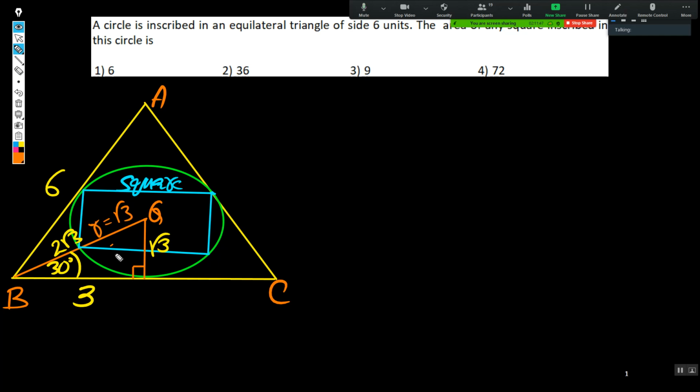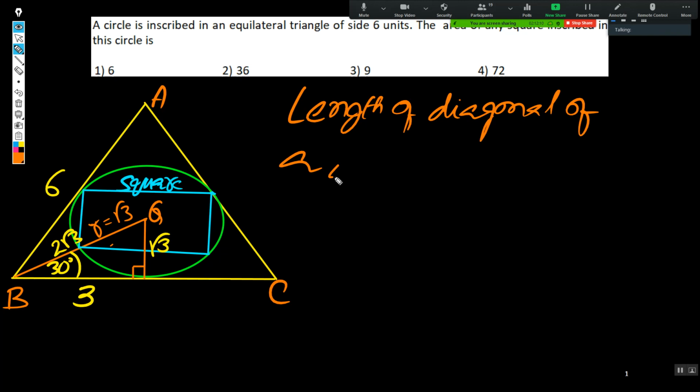Relation between the diagonal and side of a square: the length of the diagonal of a square is equal to √2x, right? That implies √2x is equal to √3.